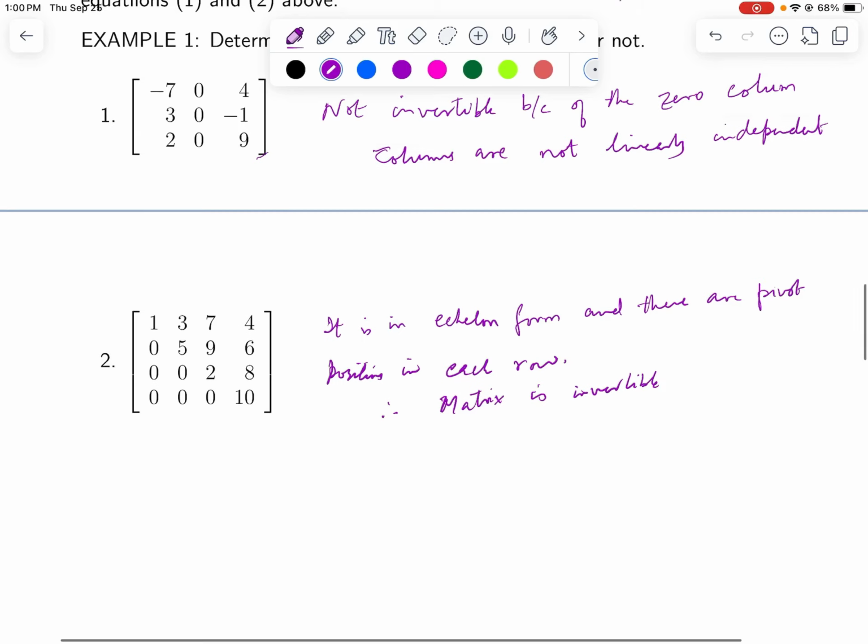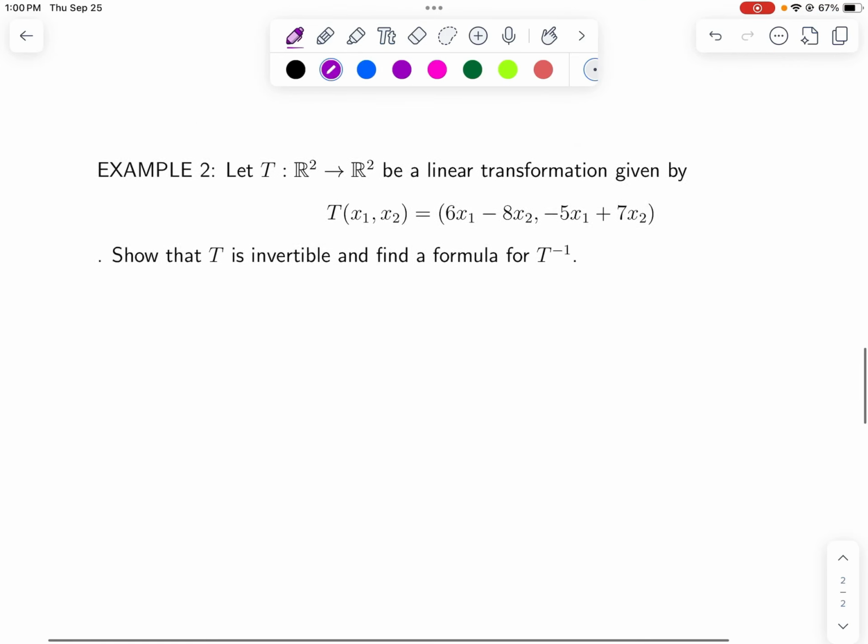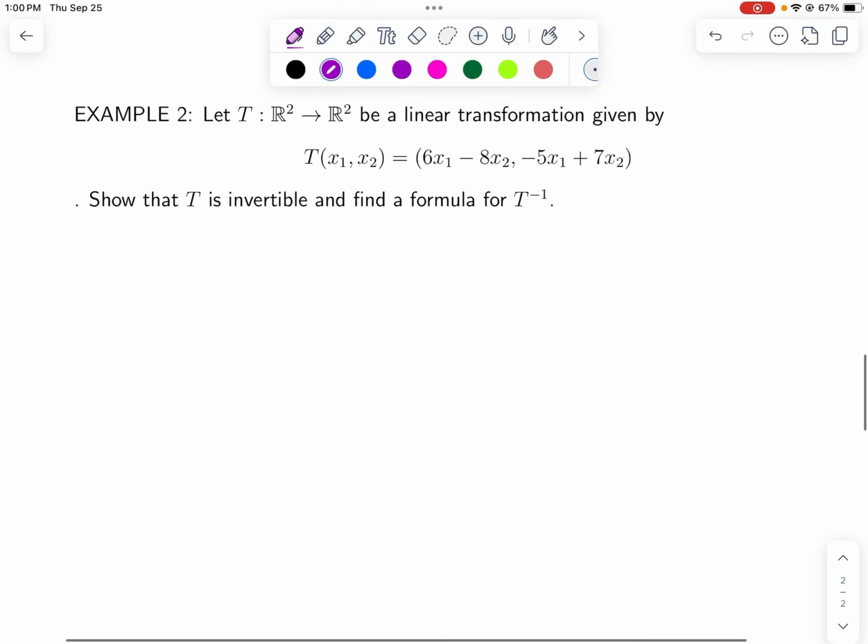Okay. So if there are pivot positions in each row, then A is invertible. Therefore, this matrix is invertible. That's it. Okay, next one.